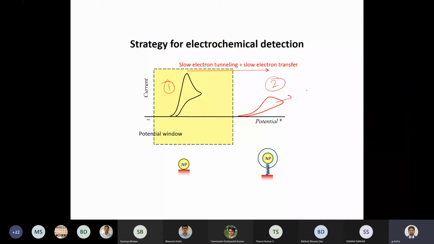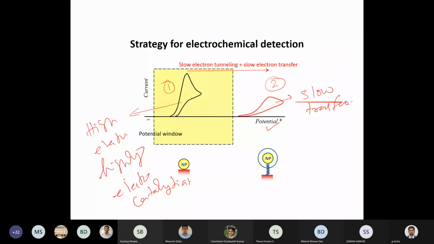Their electron transfer is slow. Here is the slow transfer: if you get lower current and higher potential. But if you get lower potential and higher current, something like this, it is called fast electron transfer and highly electrocatalytically active.